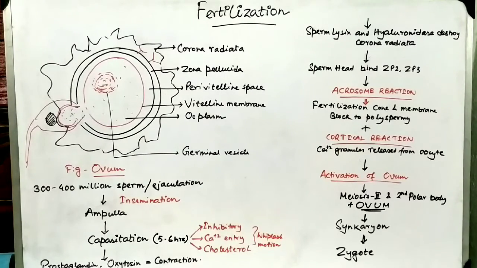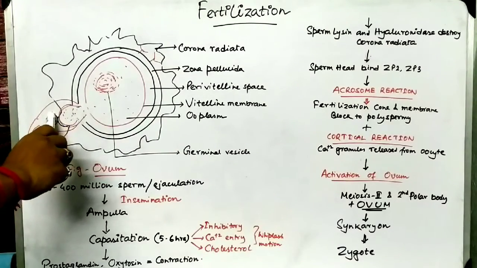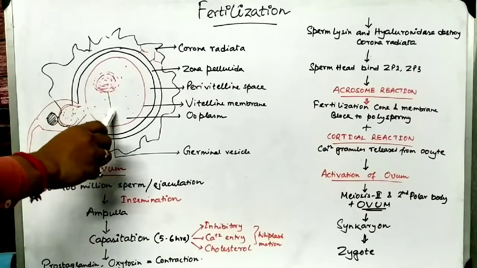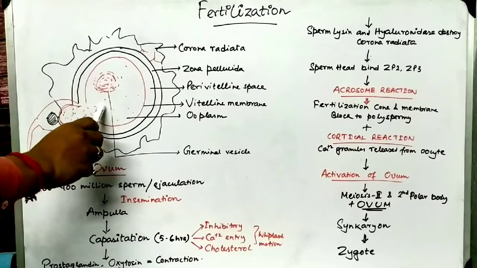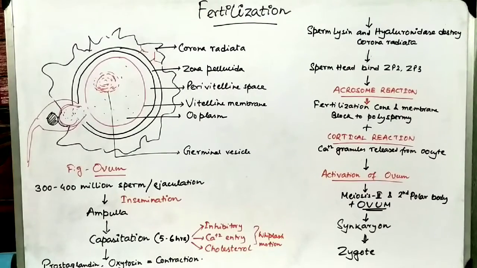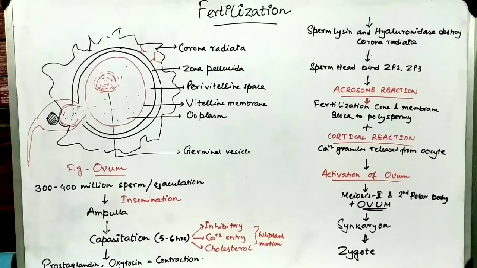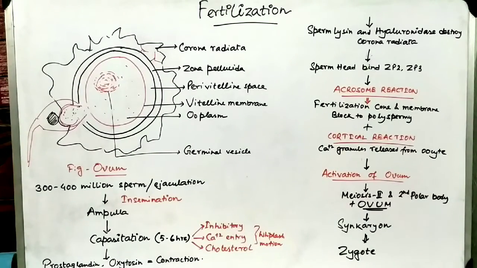When the cortical reaction is done, the sperm and ovum membranes touch each other, and the sperm nucleus, or the male pronucleus, enters inside the ovum. At that time, the female nuclear material undergoes the meiosis II division, and the second polar body is released from the female body.